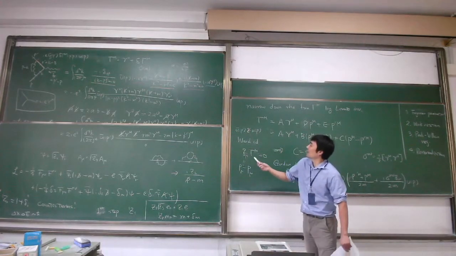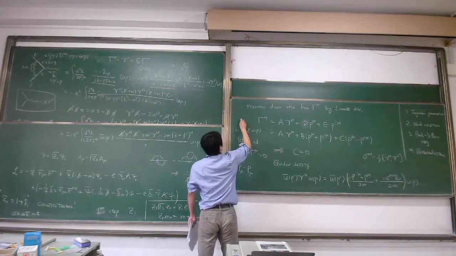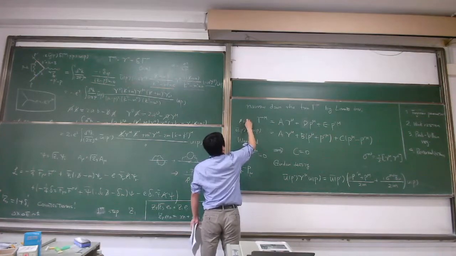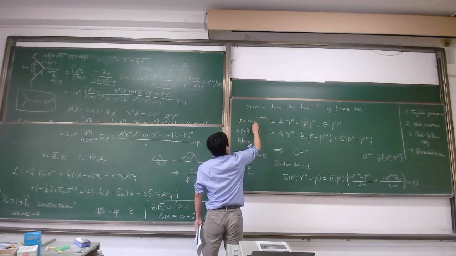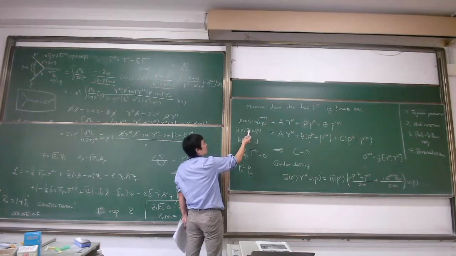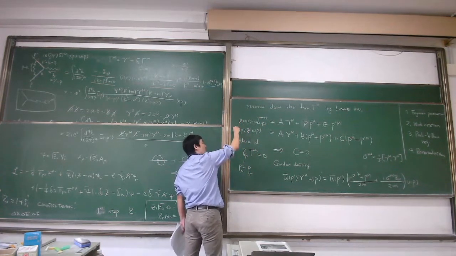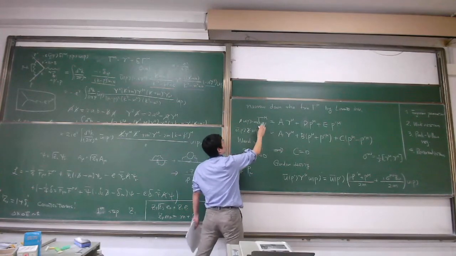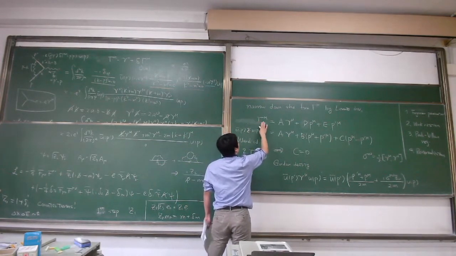So we know p-slash acts on u(p) to give m u(p) because of the plane wave, and p-slash prime acts on ū(p') and you have the same equation. Let me write that.